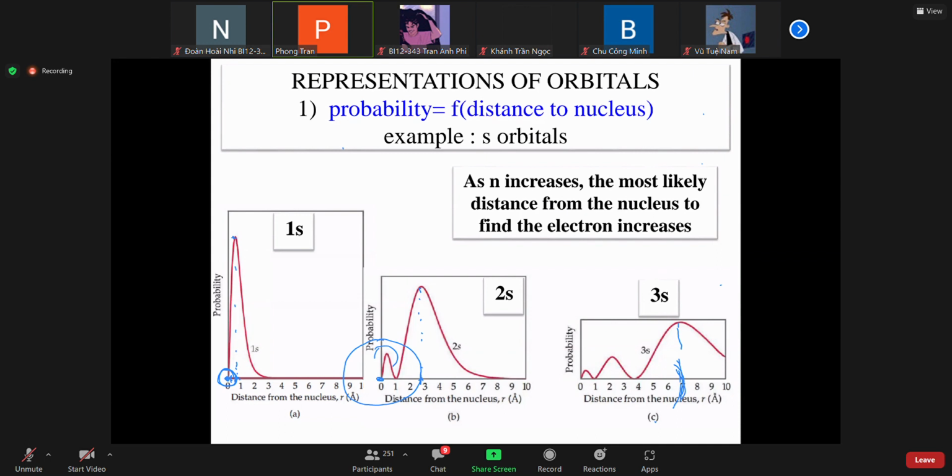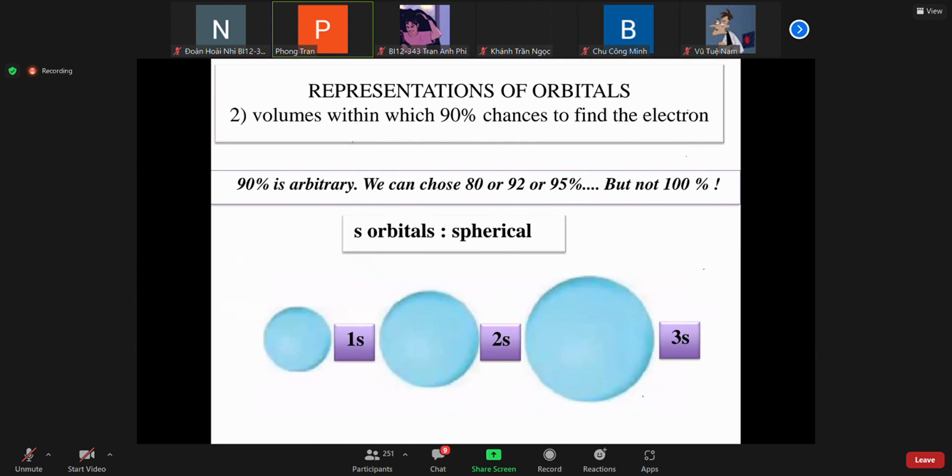That means the electron in orbital 2s can jump and has some probability near to the nuclei as well. So you can see here, 1s is smaller than 2s and 3s. S orbitals have a spherical shape because they have only one unique orientation.